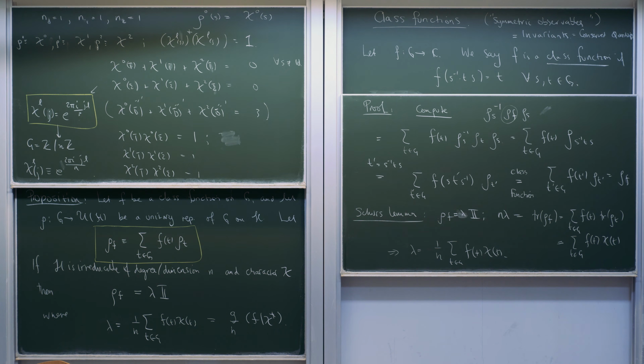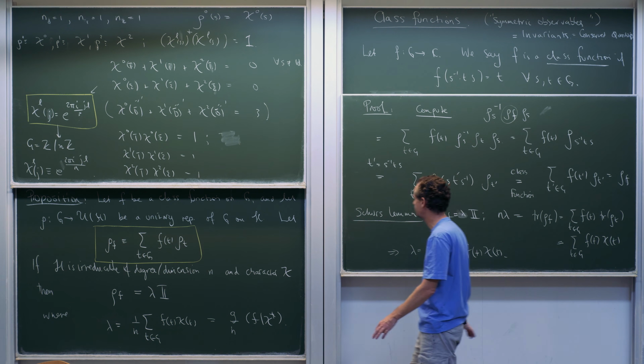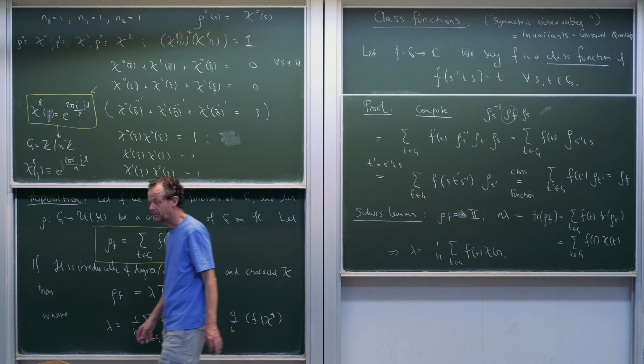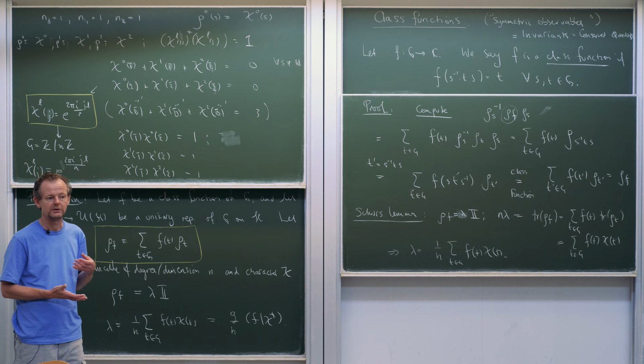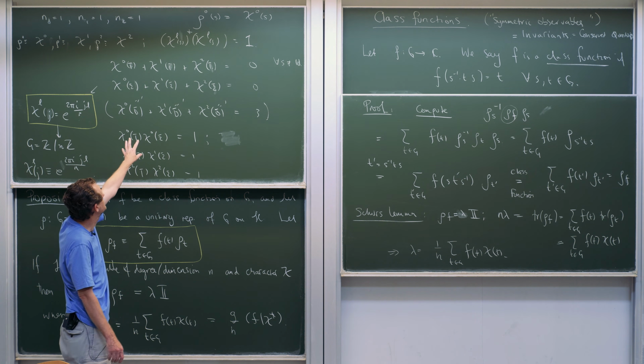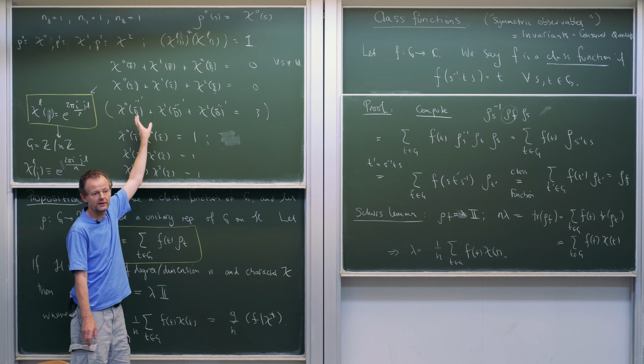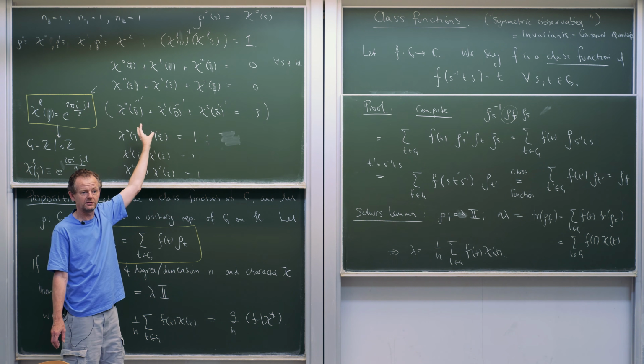I think I won't be able to get to the next part today, so we'll stop now at this stage. So where we have come is to the point where we've understood the beginnings of how to work out all the irreducible representations of a group.